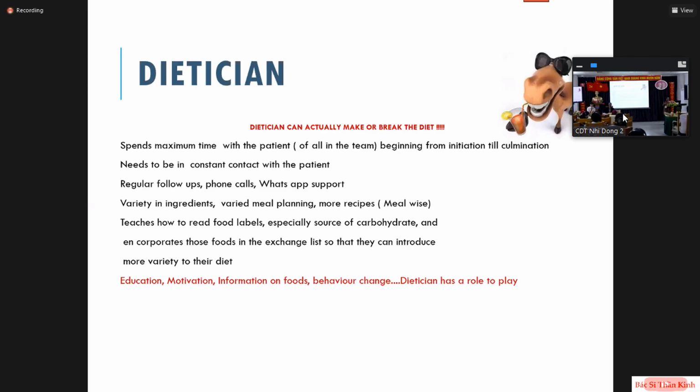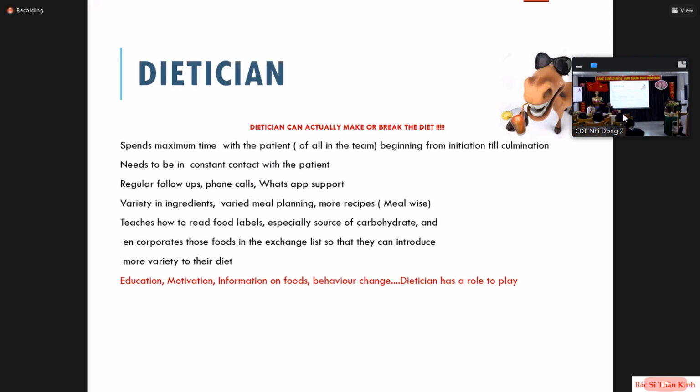But the dietitian is definitely the most important resource, as I mentioned already. It's the dietitian who can actually make or break this diet. She's the one who spends maximum time with the patient, from initiation till culmination of the diet. She's the one who needs to be in constant contact with the patient, who works the most on follow-ups, phone calls, and provides WhatsApp support.